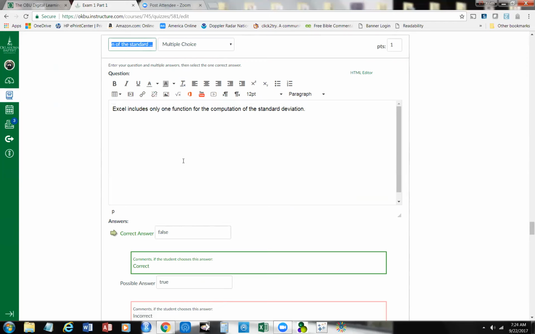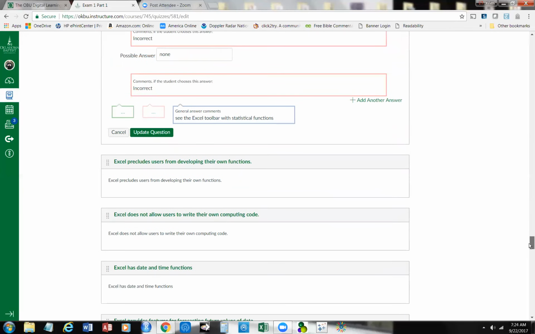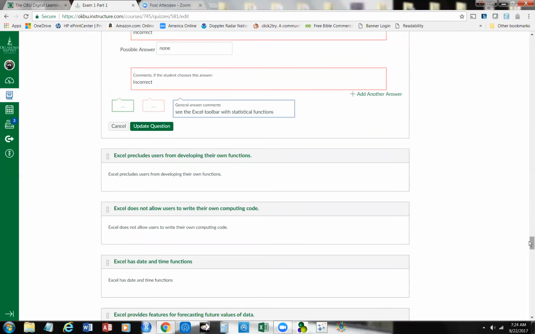You could have opened up Excel and taken a look in the functions to see that there's a population standard deviation and a sample standard deviation. So that answer is false. It does two different computations, and the computation for the standard deviation of the population is different than the one for the sample. Excel precludes users from developing their own functions. That's false.